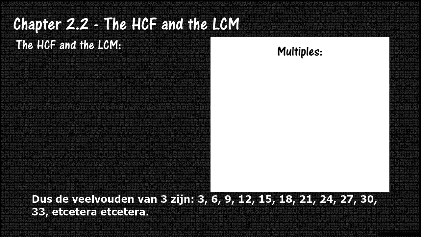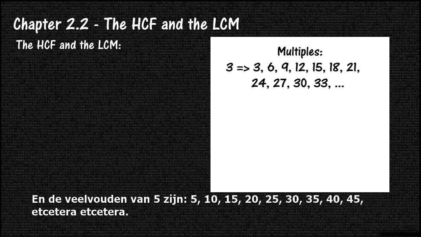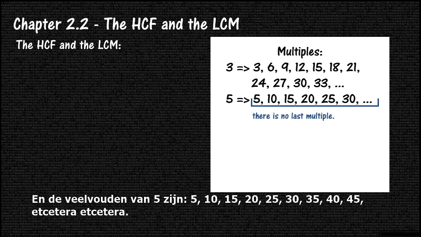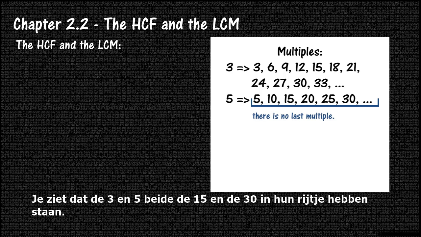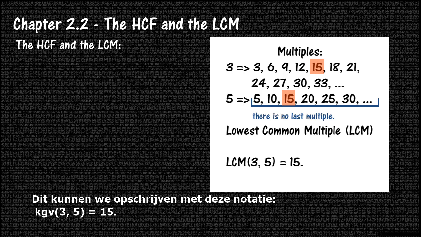So the multiples of 3 are 3, 6, 9, 12, 15, 18, 21, 24, 27, 30, 33, etc. The multiples of 5 are 5, 10, 15, 20, 25, 30, 35, 40, 45, etc. We can see that both 3 and 5 have the 15 and 30 in common. That means that 15 is the lowest common multiple of 3 and 5. We write that with the use of this notation.